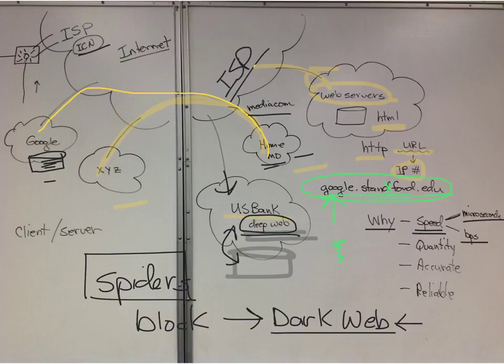Computers are extremely fast. They can handle large quantities of information. They can manage and manipulate large quantities of information extremely fast. Nowadays, they're really accurate.